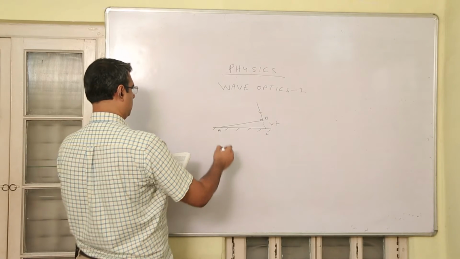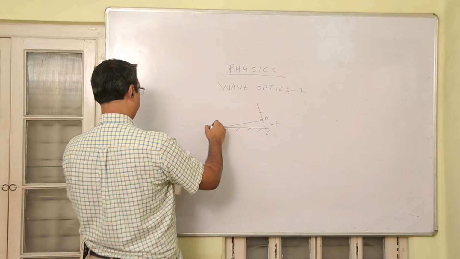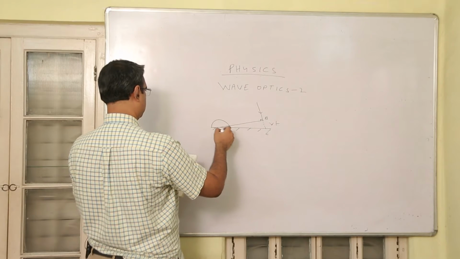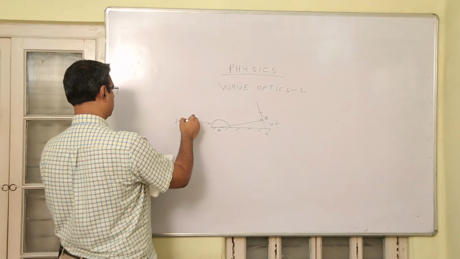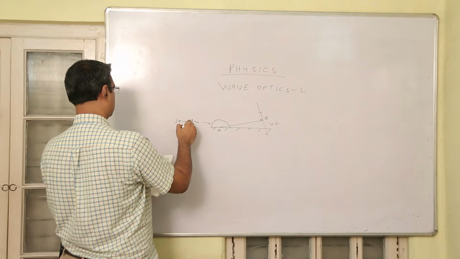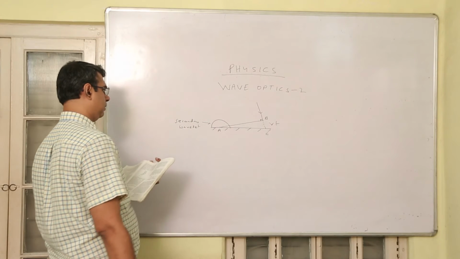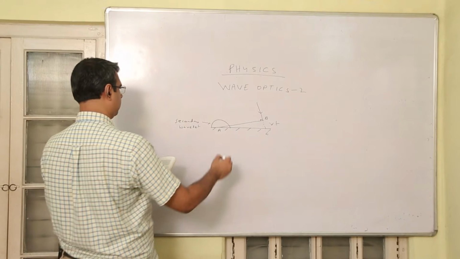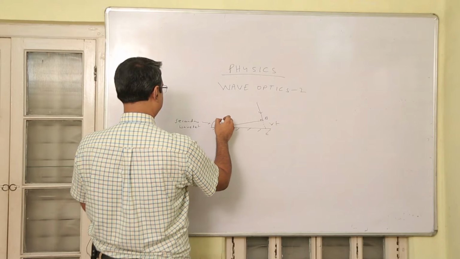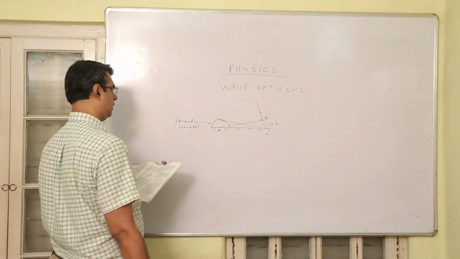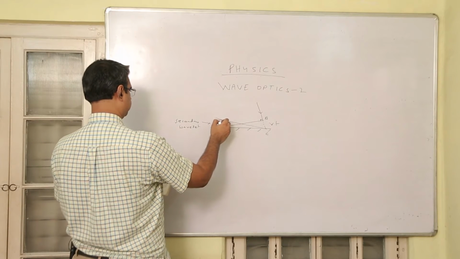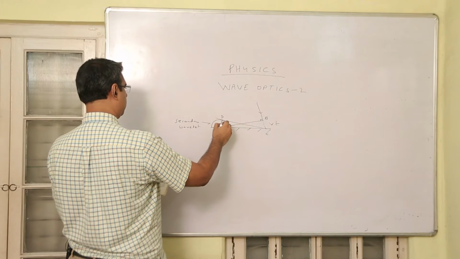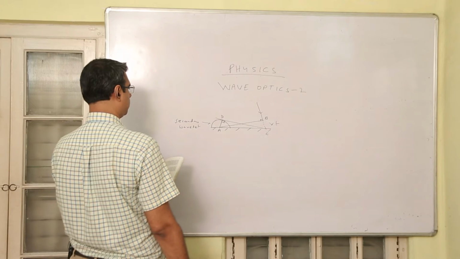This distance BC is equal to Vt. Now what you do is, with A as center and Vt as radius, you draw an arc. So this arc becomes your secondary wavelet. From C you draw a tangent to this secondary wavelet. If you draw the radius, let us call it AD, then AD will be perpendicular to CD.